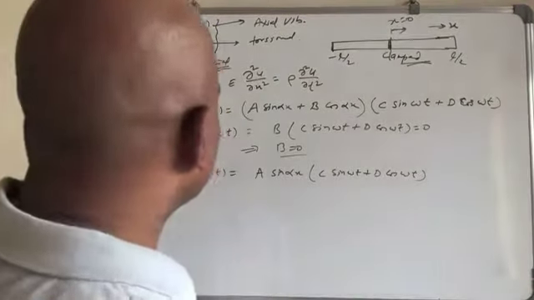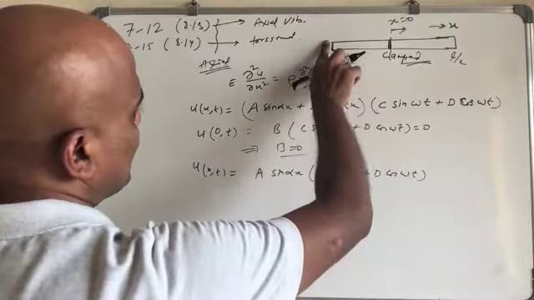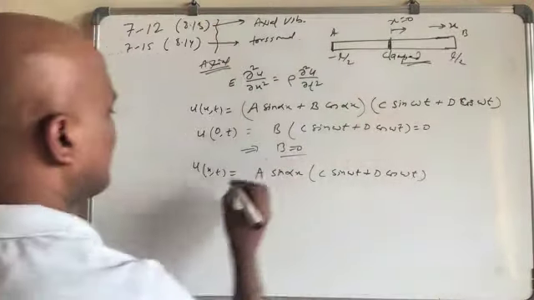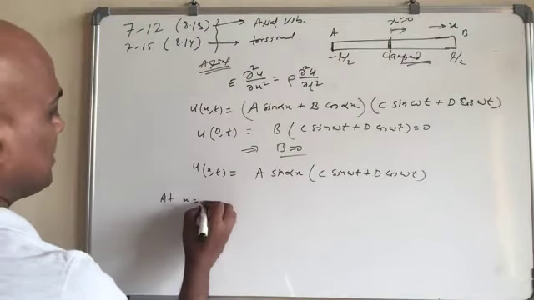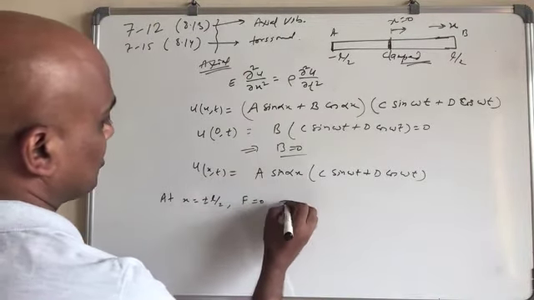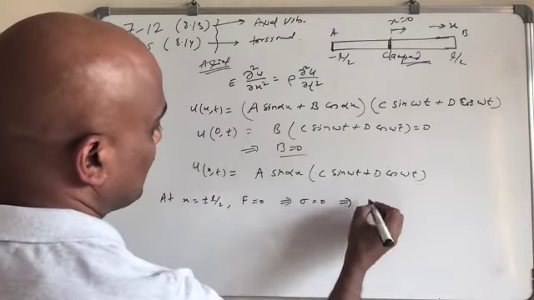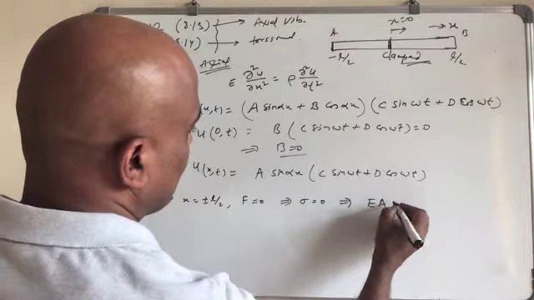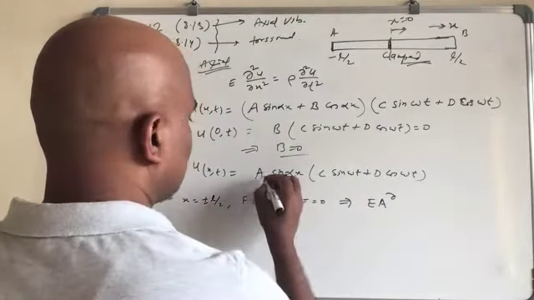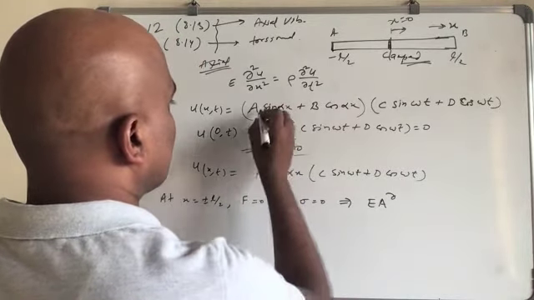Now, for the second boundary condition we must find out alpha. Is there any force here? No force. So let's say points A and B, at x equal to plus minus L over 2, force equals 0, and that means sigma equals 0. That means E A times del U over del X, where this A is the area, remember, not the same one as before. So let's distinguish: A1 we call it here.